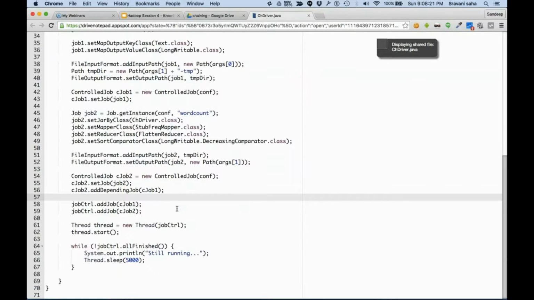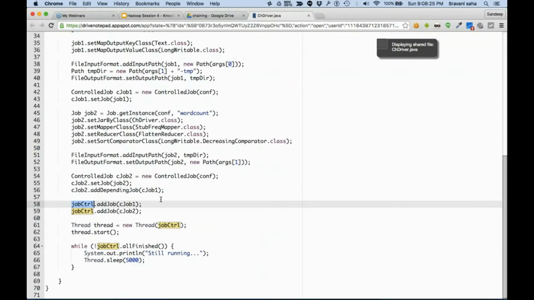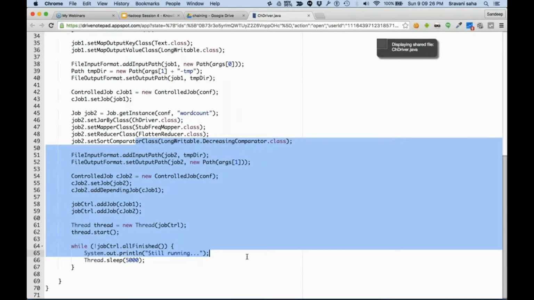Then you create something called a JobControl, add these two jobs into the JobControl, and define a dependency between the controlled jobs. These are the wrappers provided by the Hadoop library to make it possible to have a complex structure. This way you can create the chain job.